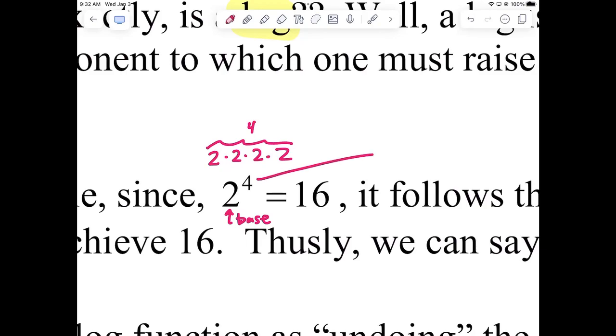Okay, so 4 is the log. 4 is the log, we say, base 2. That means that when you take the base 2 and you raise it to the 4th power, you get your desired result of 16.